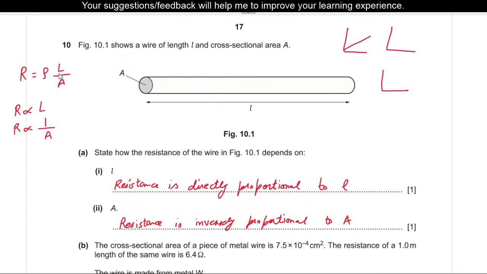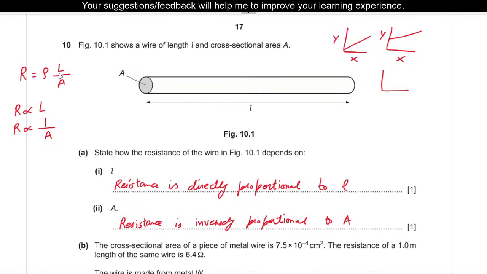Now this is a graph of directly proportional. If x increases, y increases and it passes through the origin. Now in this graph as well, if x increases, y also increases. But this graph is not of direct proportion.